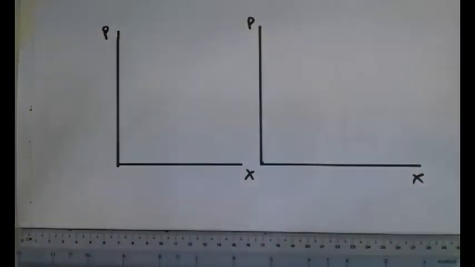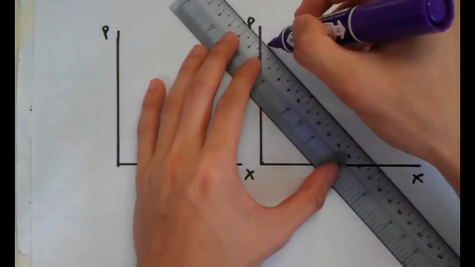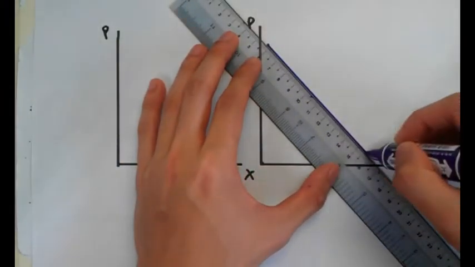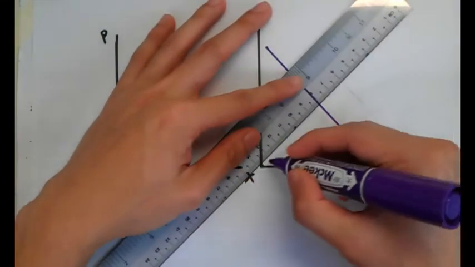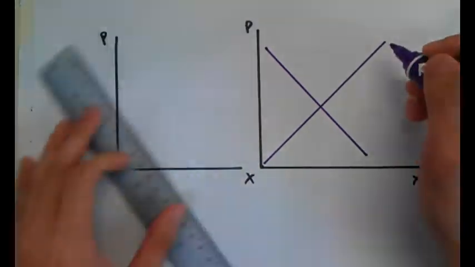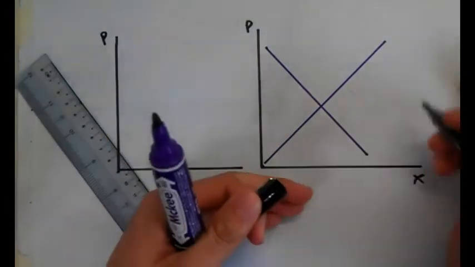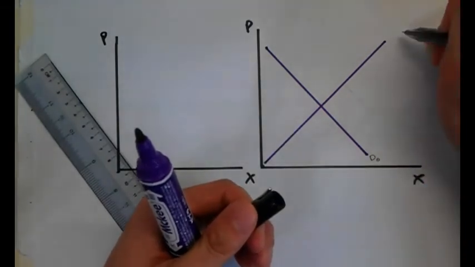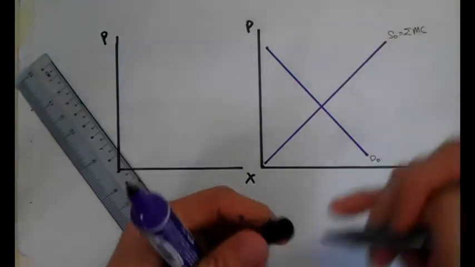Initially this is what we had. I'm going to do this in a different color. So this is D0. This is S0, which is the sum of the marginal cost curves.